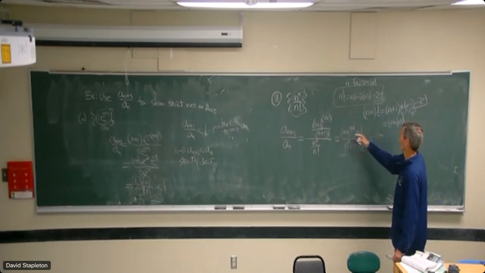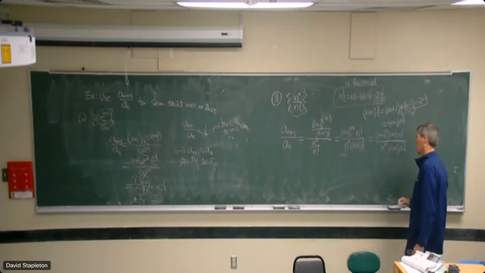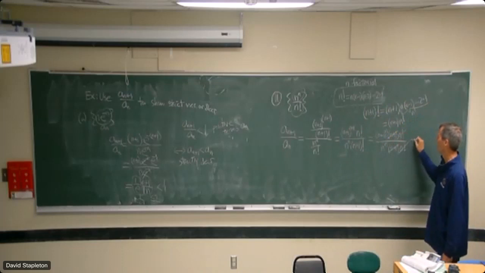And this one I can also write as (n+1)^n times (n+1), all times n factorial. So I rewrite the top by factoring like this, and I'll rewrite the bottom, (n+1) factorial, as (n+1) times n factorial. How about that? And now I see some things will cancel. n factorial cancels n factorial, n plus 1 cancels n plus 1. This is actually (n+1) over n, to the n. So the n is left, right?